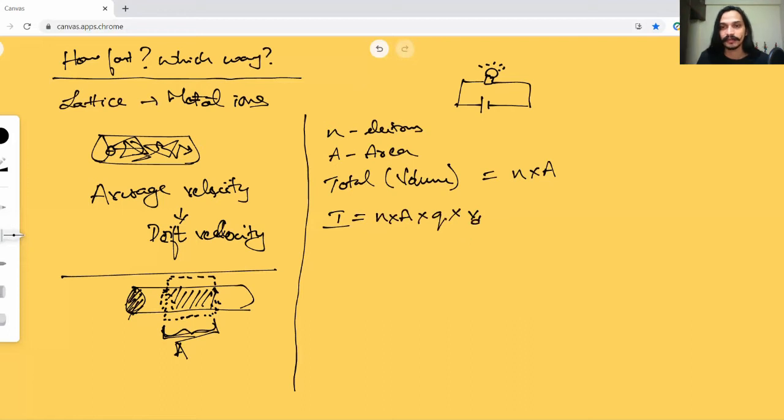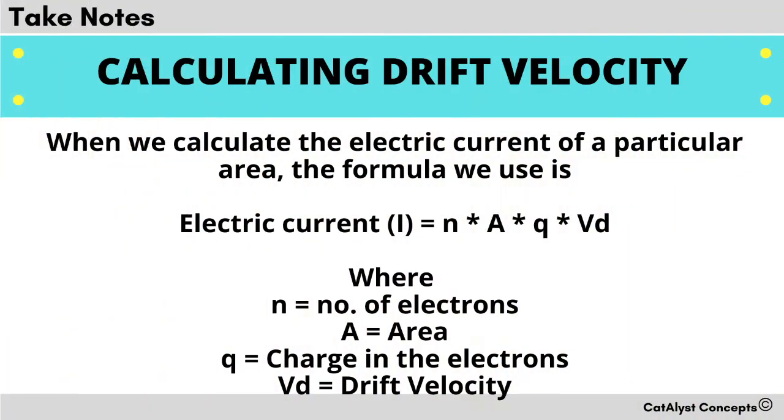I'll write it as V. You don't need to know the entire process here, just remember the formula. I equals n q A v_d, where v_d is the drift velocity.